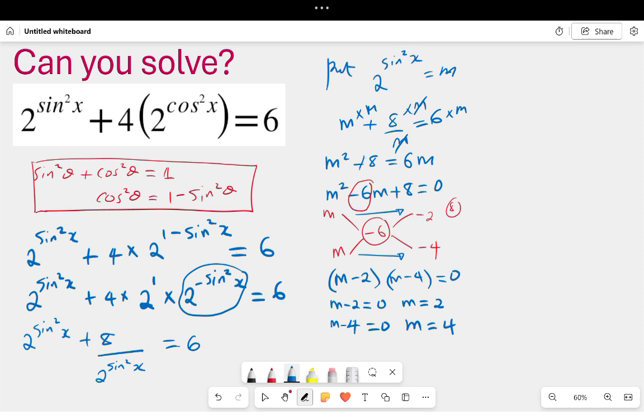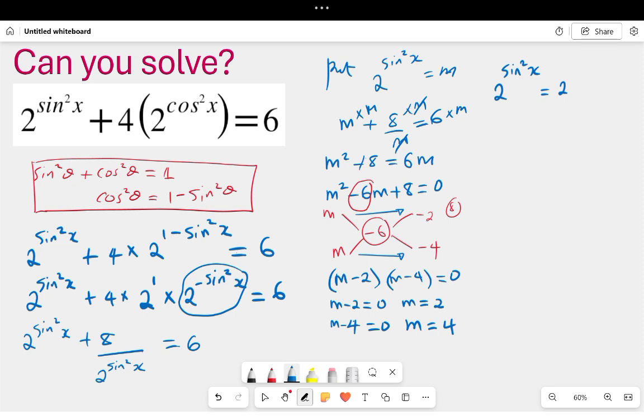Now, our main interest is to find 2 to the power of sine squared x. So 2 to the power of sine squared x should be equal to 2, considering the first case whereby m is equal to 2.